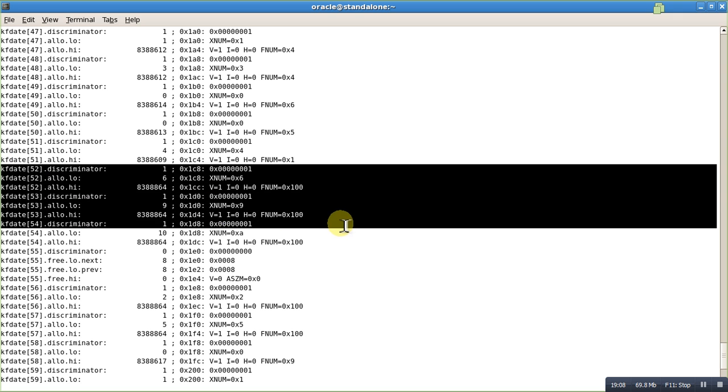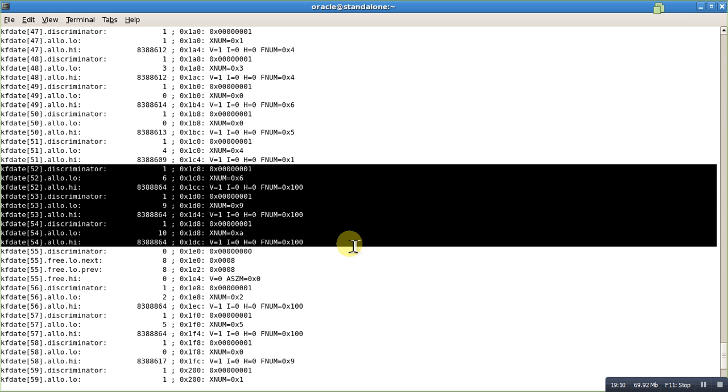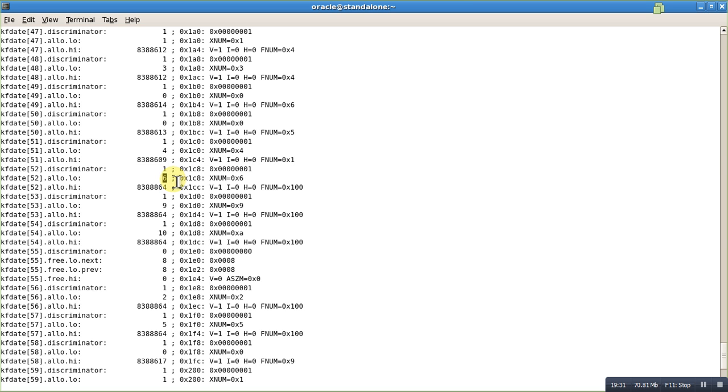From 52. These are the first 3 allocation units that were allocated to the file 256. Now here we can see that on disk 1 we have an extent number 1. This is the extent number xnum equal to 06, which is nothing but extent 6 is on disk 1, and extent 9 is on disk 1, and extent 10 is also on disk 1.